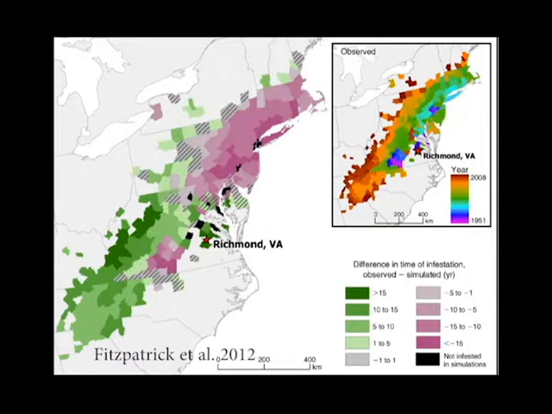And the map is showing that green areas were invaded more slowly than expected, whereas red areas were invaded more rapidly than expected.